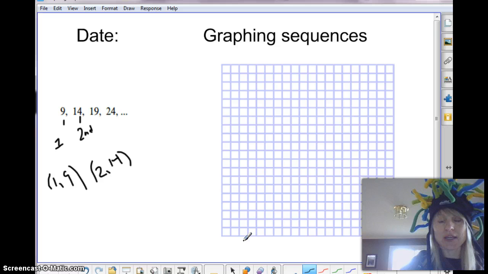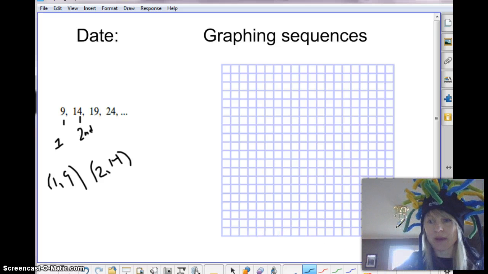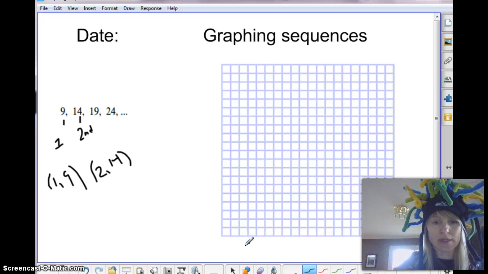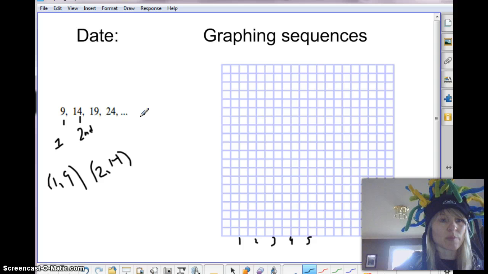So I can just take a regular old piece of graph paper and number my bottom. I'll number that 1, and I'll skip 2 spaces, and 2 and 3 and 4 and 5. And then looking at my numbers here, these are going to be my y.